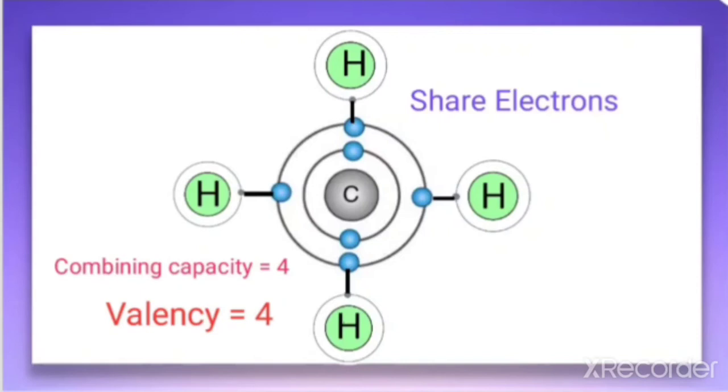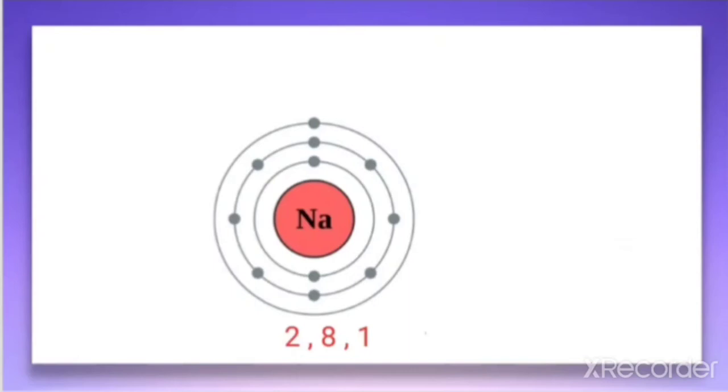So let us take some examples, and now we are writing the examples with the electronic configuration for better understanding. Sodium electronic configuration 2 8 1. We have already discussed the electronic configuration. In the outermost shell there is only a single electron.